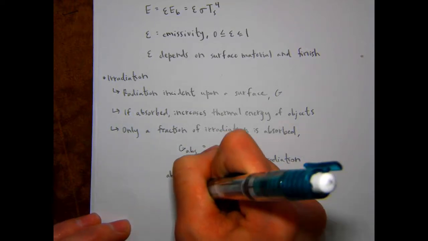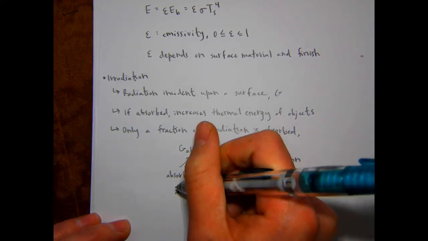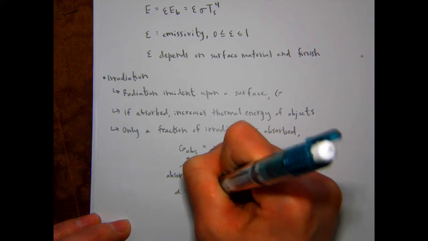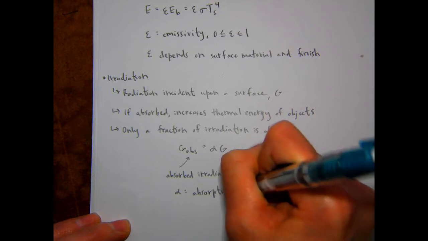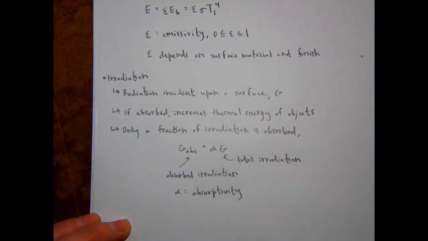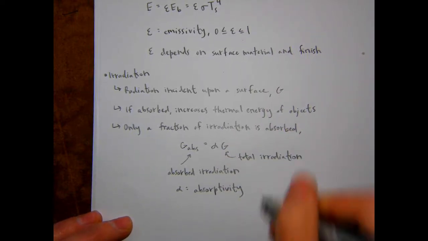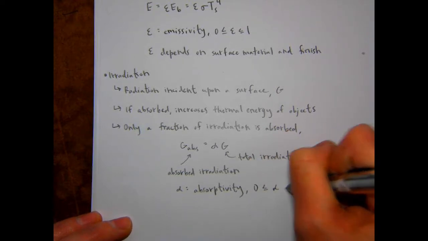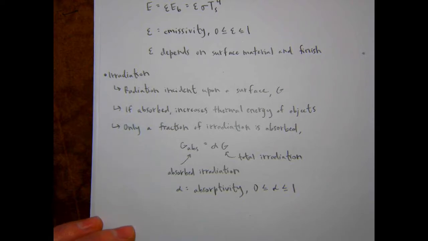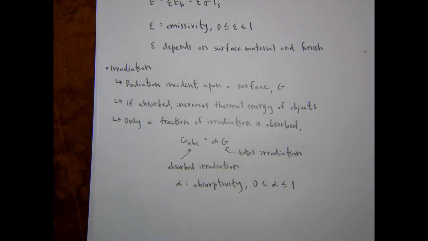And then alpha, similar to epsilon, is a property known as the absorptivity. And as with emissivity, it can take on values between 0 and 1. So if it's 0, none of the radiation is absorbed.